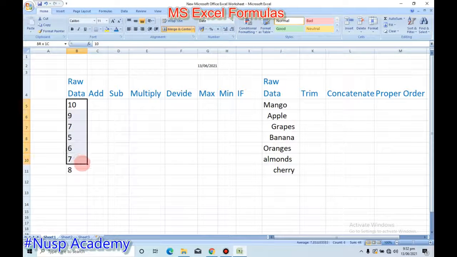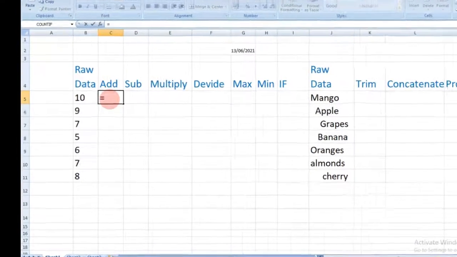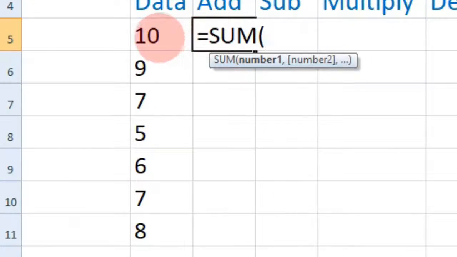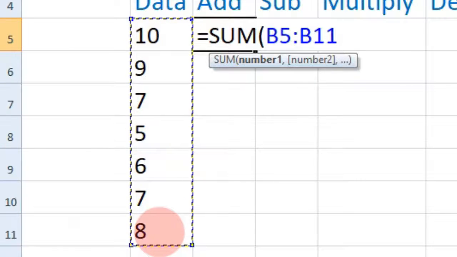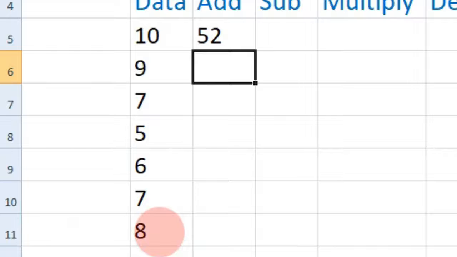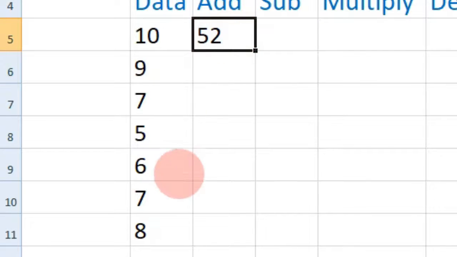So we have data here. Let's add a very basic formula to sum. Equal to sum, select the series and parentheses, enter. The answer is 52. This is to add the series of cells.